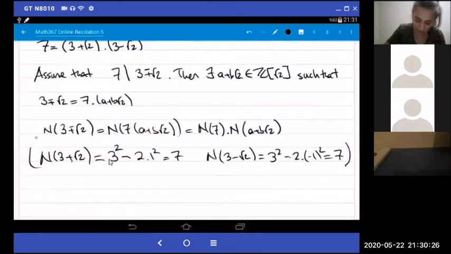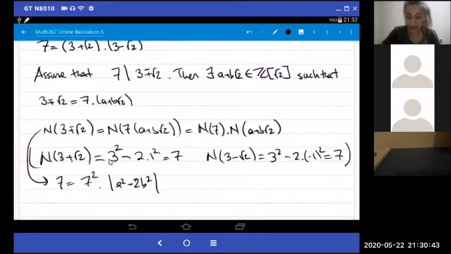This is just 7. 7 is equal to 7 squared times the norm of this element. Doesn't matter. Let me write it: the absolute value of a squared minus 2b squared. So here, on one side we have 49, and on the other side we have only 7. But 49 does not divide 7, so we have this contradiction.